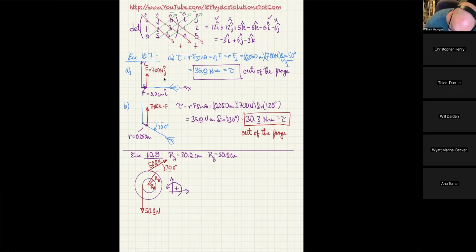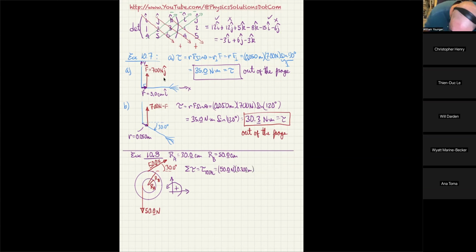So if I want to calculate the total torque, the summation of the torques equals the torque total, which is going to be the positive one, the 50 newtons, times the lever arm, which in the case of RA is 0.300 meters.